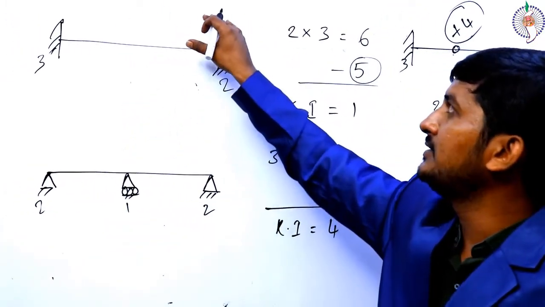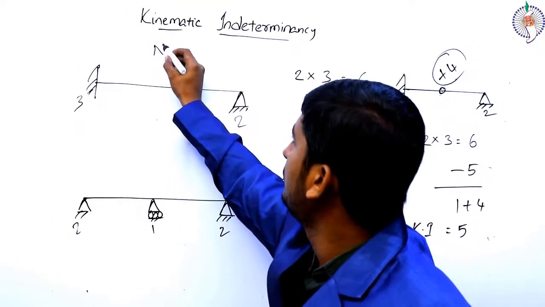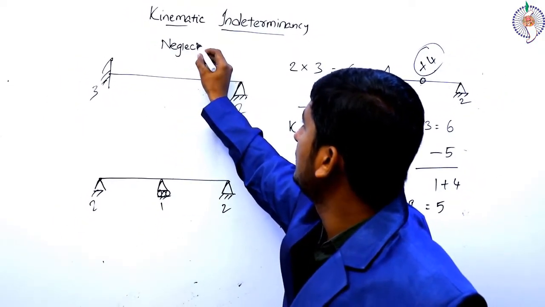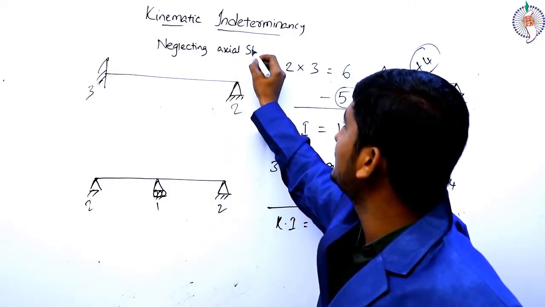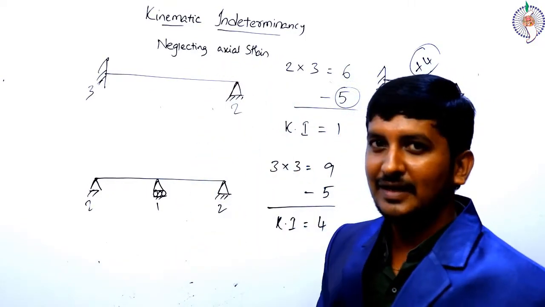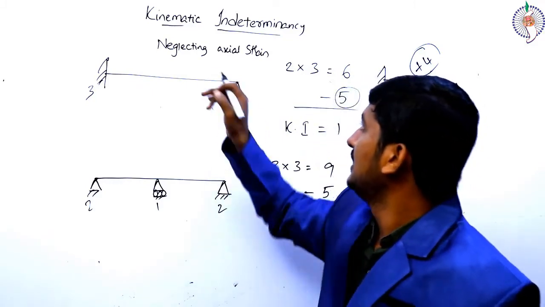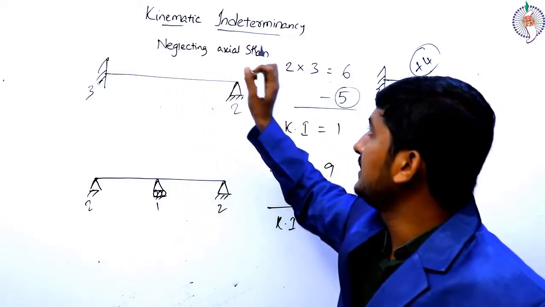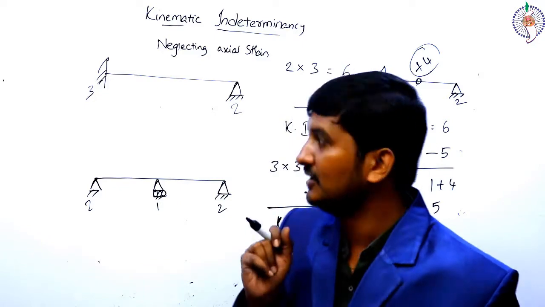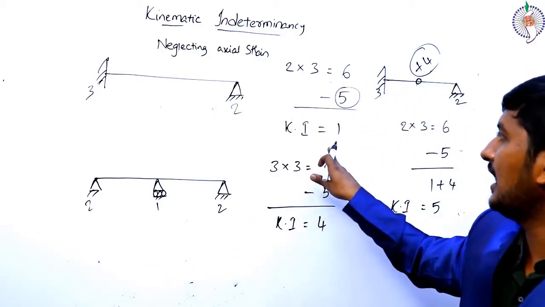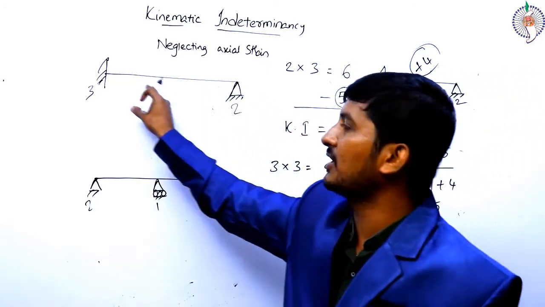In this topic, kinematic indeterminacy, we might observe in the question paper the phrase 'neglecting axial strain'. Be careful if the question says neglecting axial strains or neglecting axial deformations. Please do one thing. After calculating kinematic indeterminacy, please subtract the number of members.